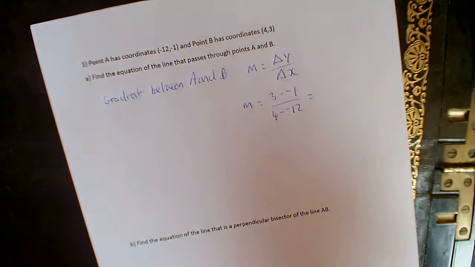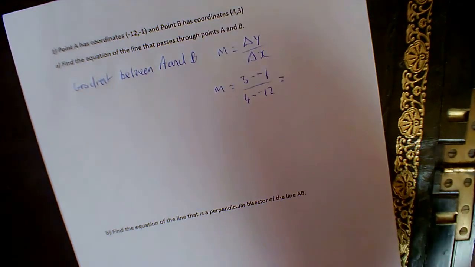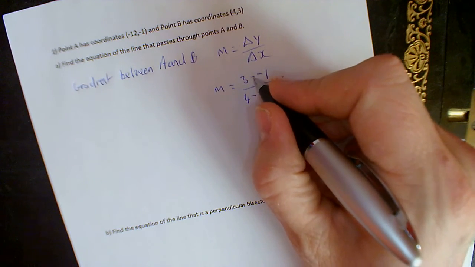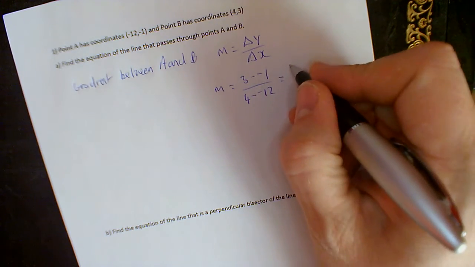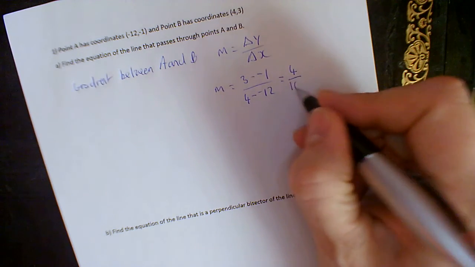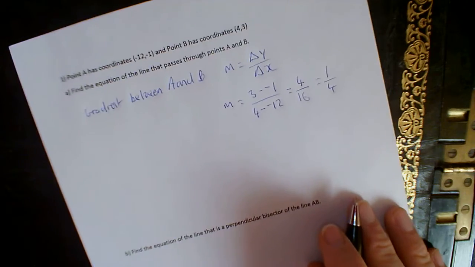I chose those coordinates because I want you to avoid making mistakes with negatives. It's so easy to make mistakes with negatives. Well, 3 take away negative 1 is actually 3 add 1, which is 4. 4 take away negative 12 is 4 add 12, which is 16, so 4 over 16, which is a quarter. So we've got a gradient of a quarter.